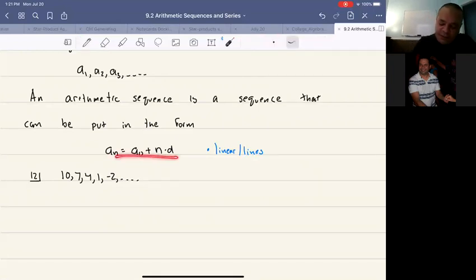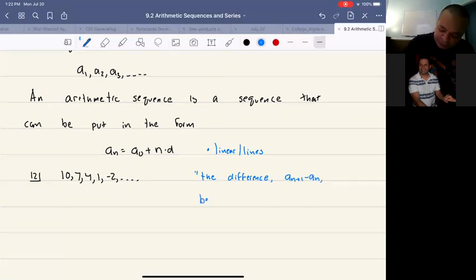What this means, in essence, is that the difference between any two consecutive terms will always be the same. So the difference, a sub n plus 1 minus a sub n, between any two consecutive terms is constant.